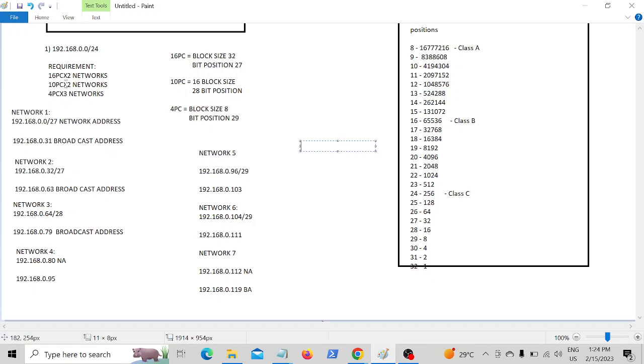Again, 10 PCs into 2 networks. Your requirement is 2 networks, so your bit position is 28.